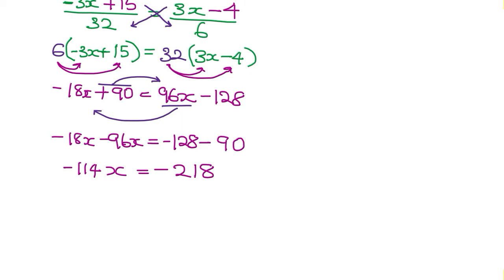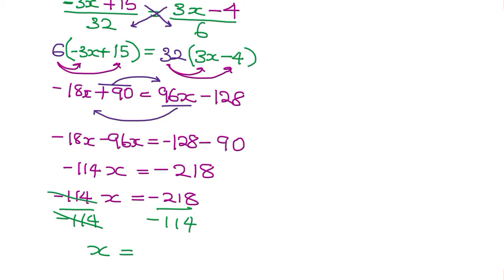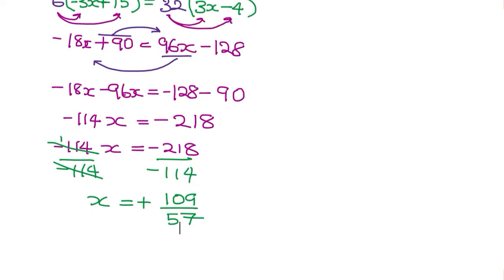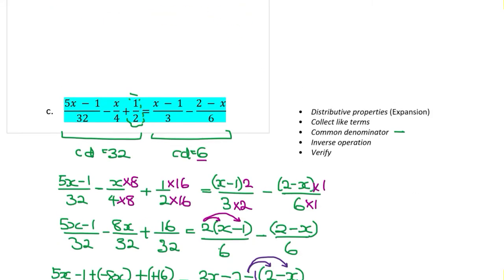So in here, to solve for x, we divide both sides by negative 114, and our x here is equal to, this cancels that, we're left with 1, and negative divided by negative is positive, and 218 divided by 114 will give us 109 over 57.